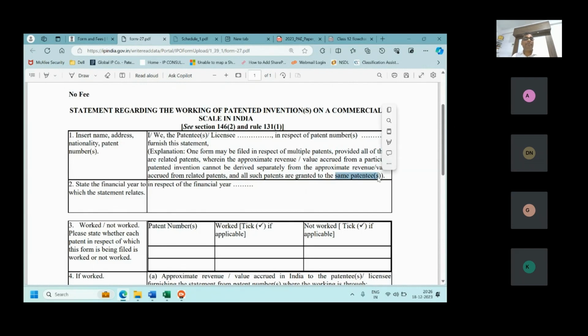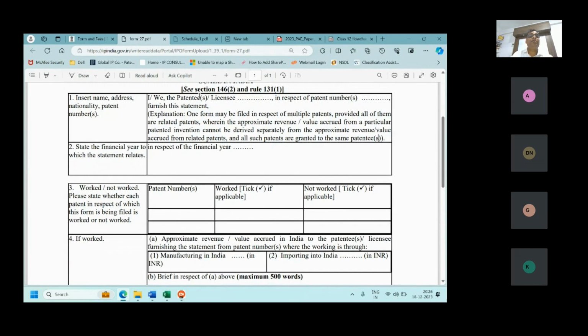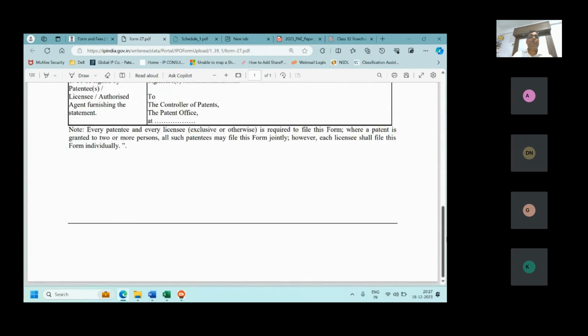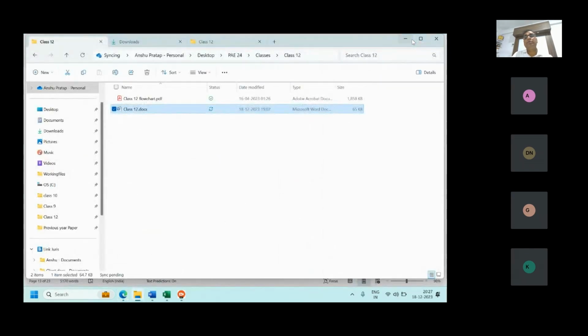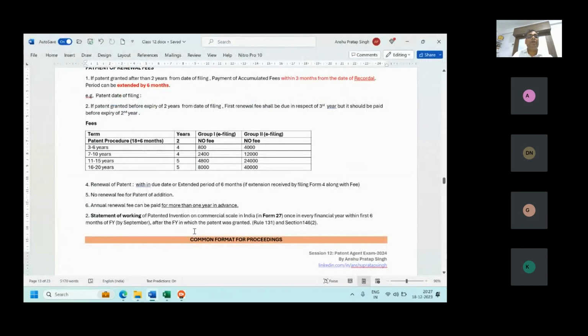If all patentees are the same, then yes, you can go for filing of multiple patents. So these are the procedural guidelines which are not provided in the rule but here. So please read the form once so that you can identify these kinds of crucial elements.